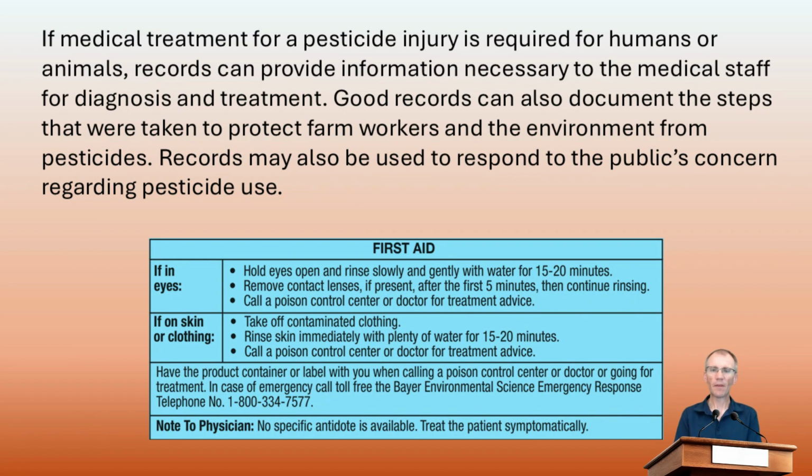If medical treatment for a pesticide injury is required for humans or animals, records can provide information necessary to the medical staff for diagnosis and treatment. Good records can also document the steps that were taken to protect farm workers and the environment from pesticides. Records may also be used to respond to the public's concern regarding pesticide use.